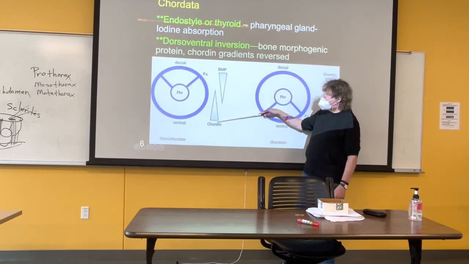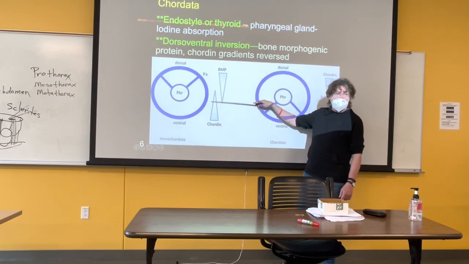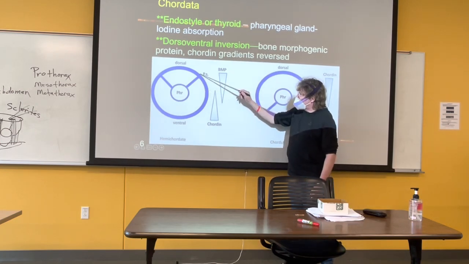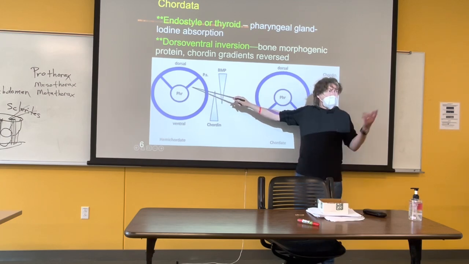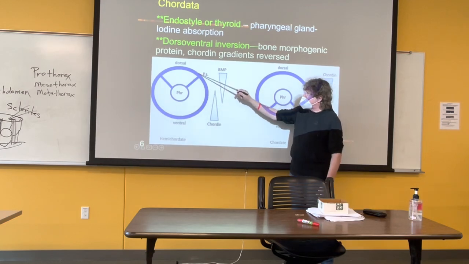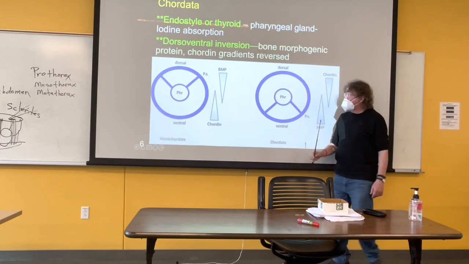Whereas chordin has just the opposite gradient. This is the way it is in hemichordates, and also in other animals. This up here, PS, is the pharyngeal slits. That's where they are in the hemichordates, on the dorsal side. What is this dorsal-ventral inversion?